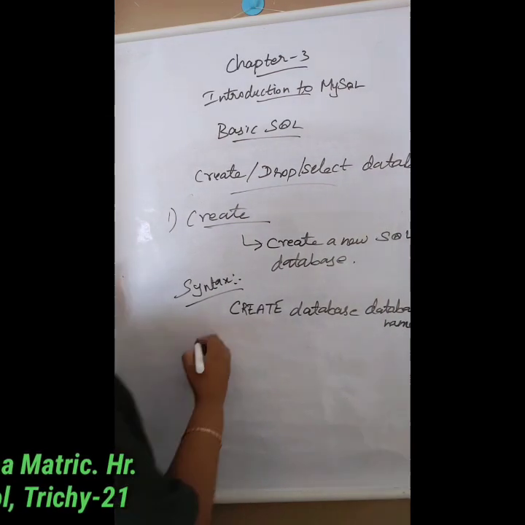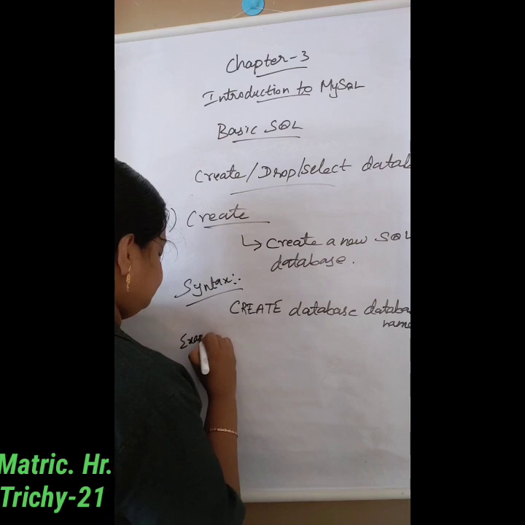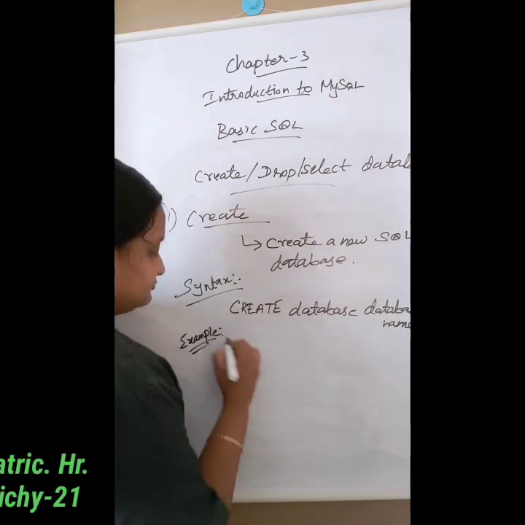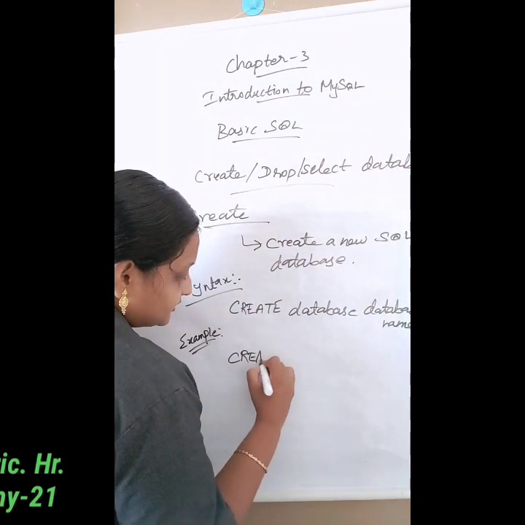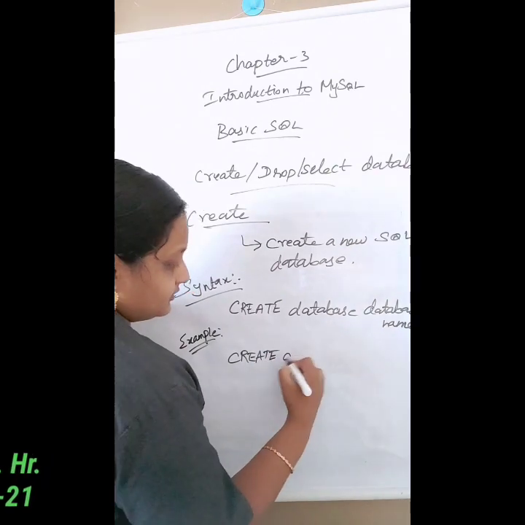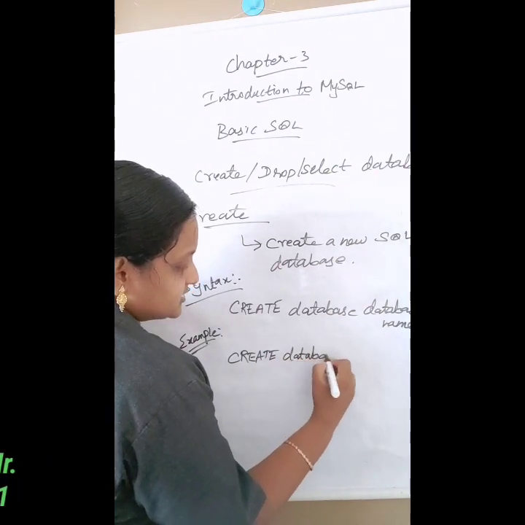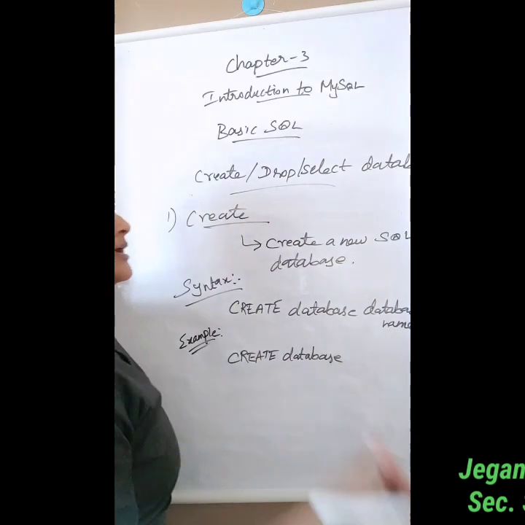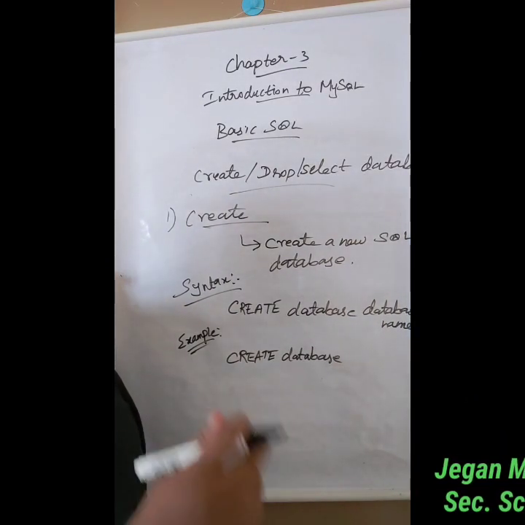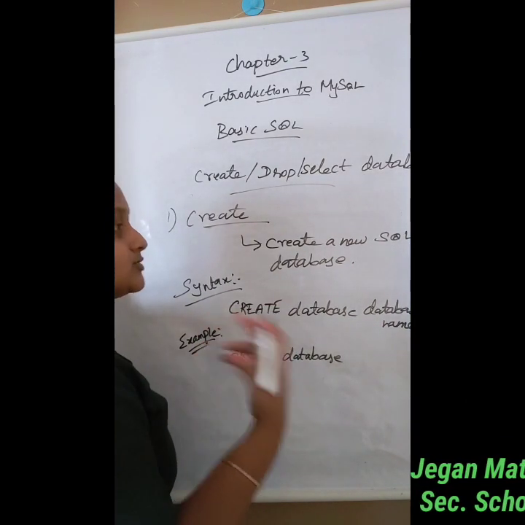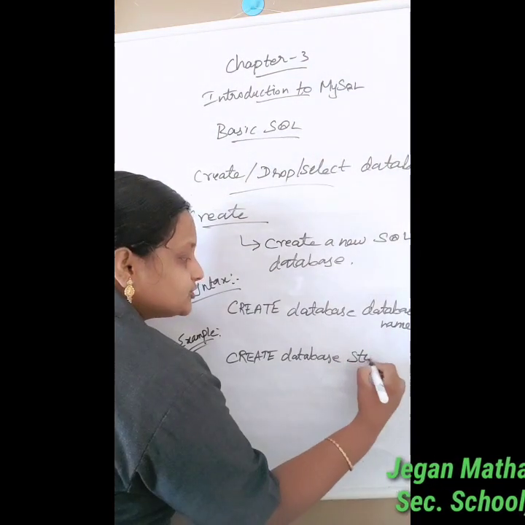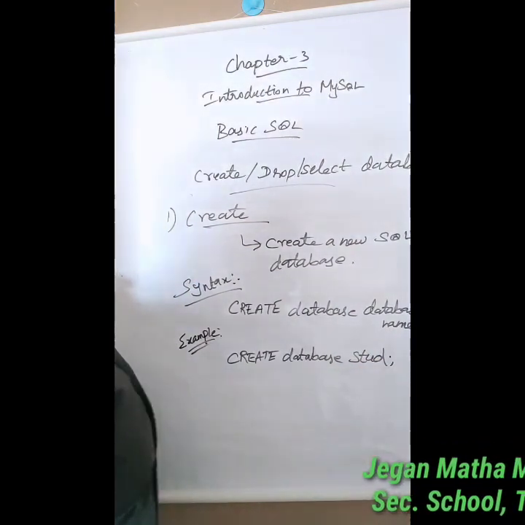Now an example. Create database, and here we should give a name for the database. For example, if I am going to create a database about students, I am going to give STUD.